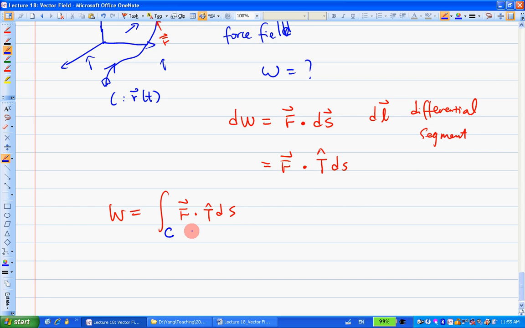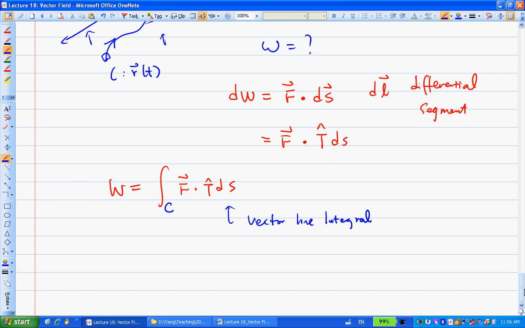Back to the simple mathematical meaning here, this has nothing to do with force or work. This is basically called a vector line integral. This simple mathematical equation can be used in many different applications.